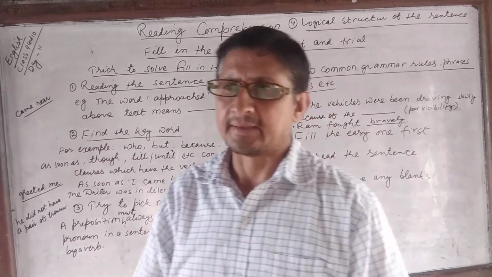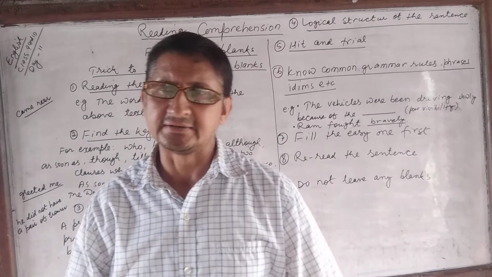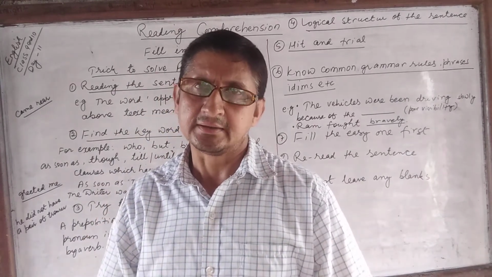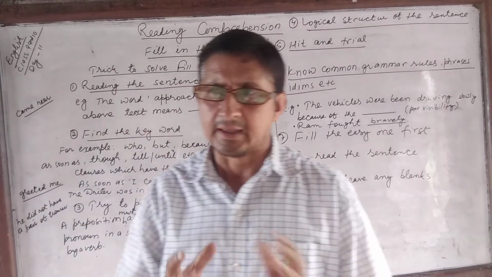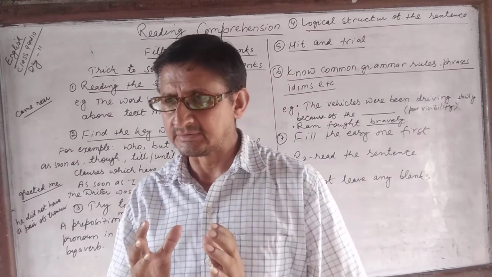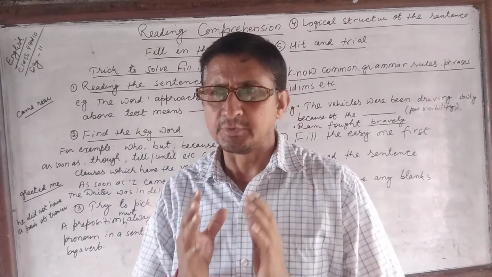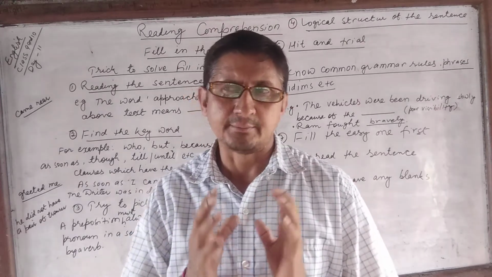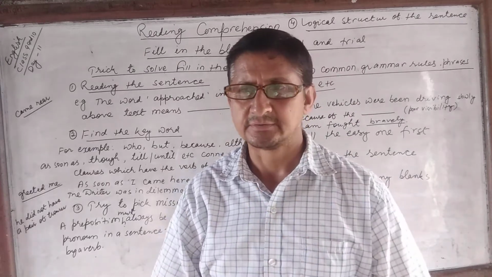In fill in the blanks, students are given an incomplete sentence with one or more words missing in the blank. Sometimes there are options and sometimes there are no options. So the students are required to fill the gaps with right words or set of words and make the sentence whole and complete.